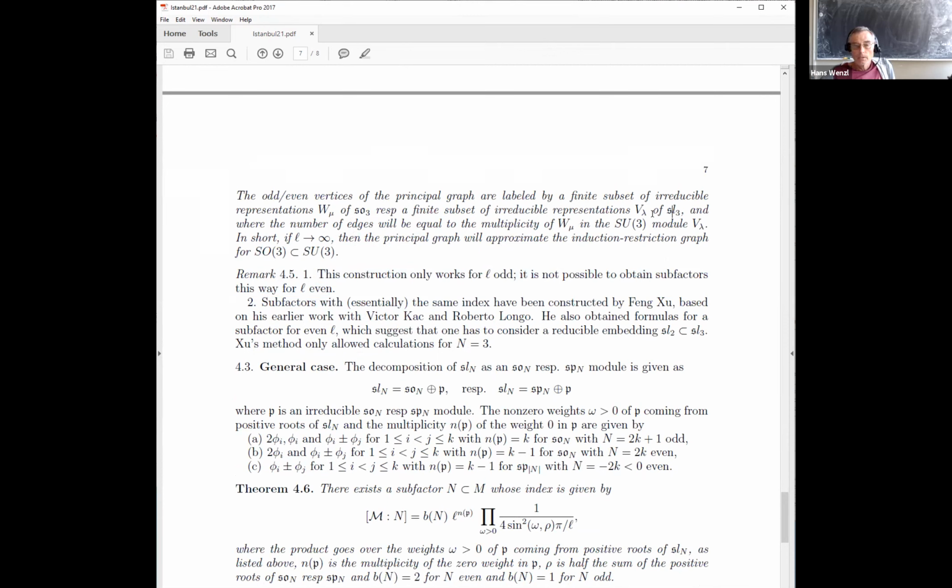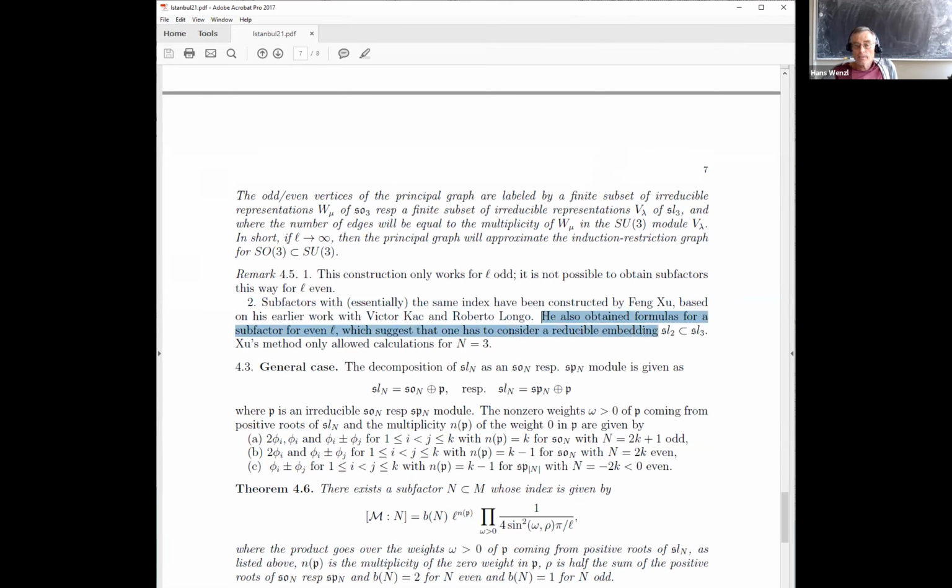Now, however, there has been independent work earlier by some completely different methods using loop groups by Feng Xu, and earlier also with Victor Kac and Roberto Longo. And so they could also calculate the indices of subfactors for SU3.